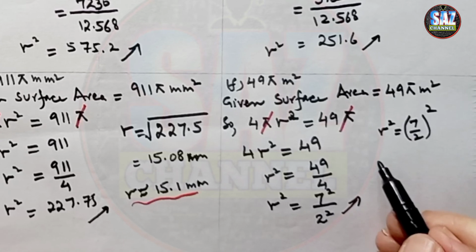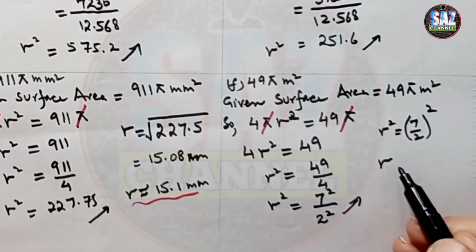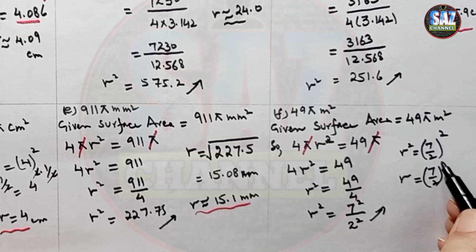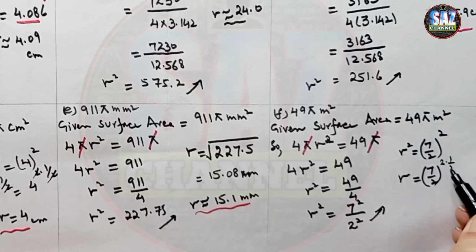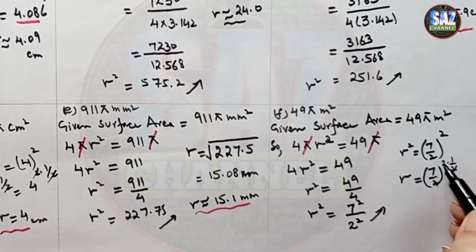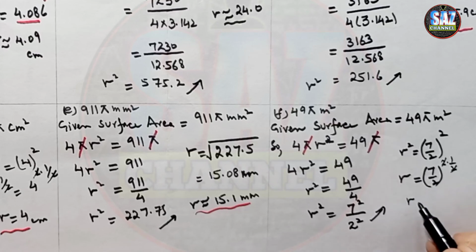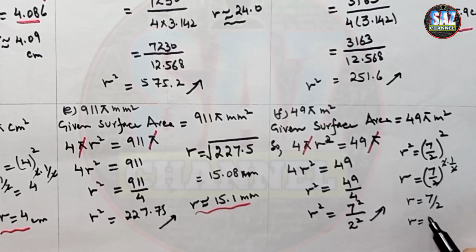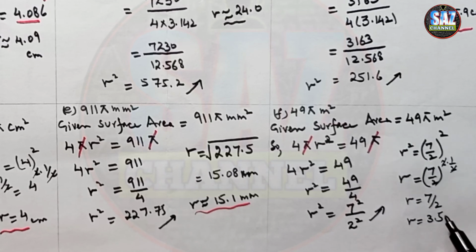Now in order to get the value of r, I have to take the square root on both sides, and my equation will take the form r equals 7 by 2, which is equal to 3.5 meters.